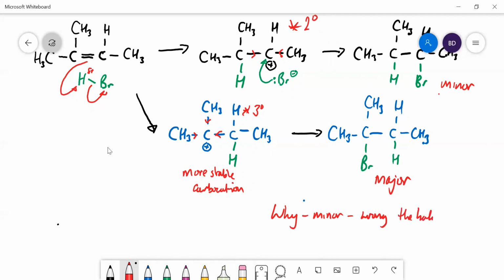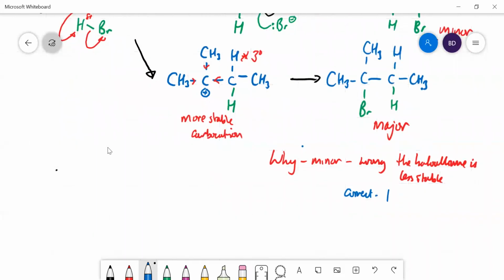haloalkane is less stable. Well, it's not less stable than this haloalkane. They've got the same stabilities. The correct answer, what you should say, is the carbocation intermediate that it's formed from is less stable.